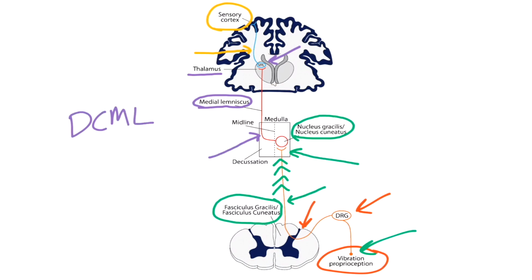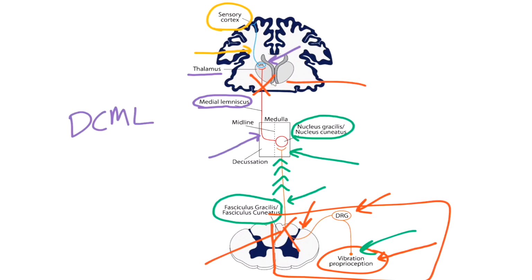If a patient has a damaged dorsal column, like right here, then they are not going to be able to sense vibration and proprioception below that level on the ipsilateral side, so staying on this side. But if damage occurs up here following the decussation, then of course the patient would have contralateral loss of vibration and proprioception.